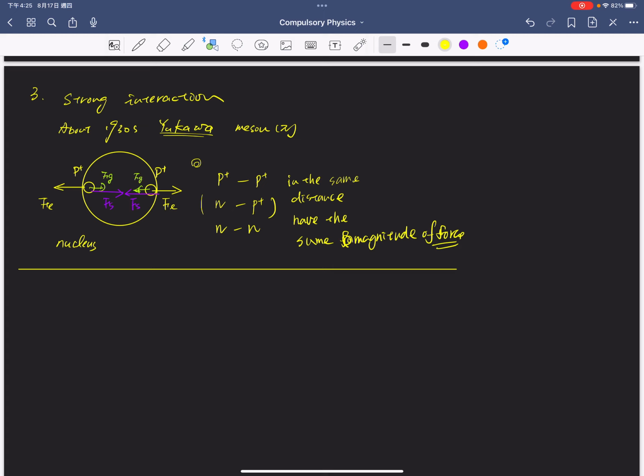Here we want to introduce another interaction we call the weak interaction. The weak interaction is about decays.